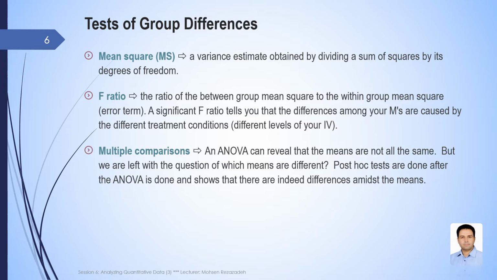Post hoc tests are done after the ANOVA is done and shows that there are indeed differences amidst the means. In fact, a post hoc test enables you to go back through the data and compare the individual treatments two at a time, and to do this in a way that provides the appropriate alpha level.